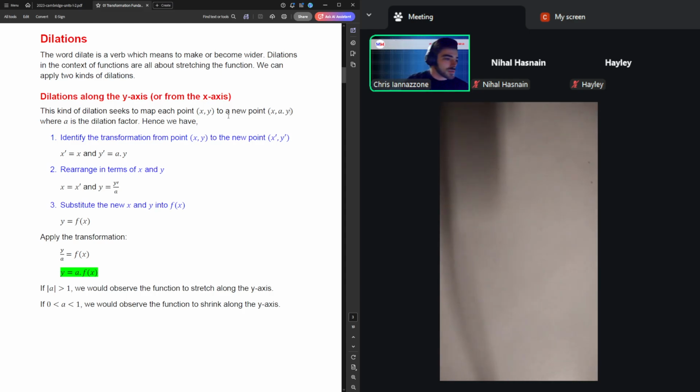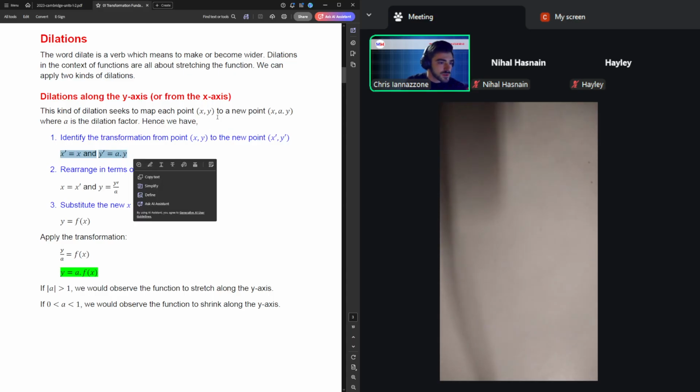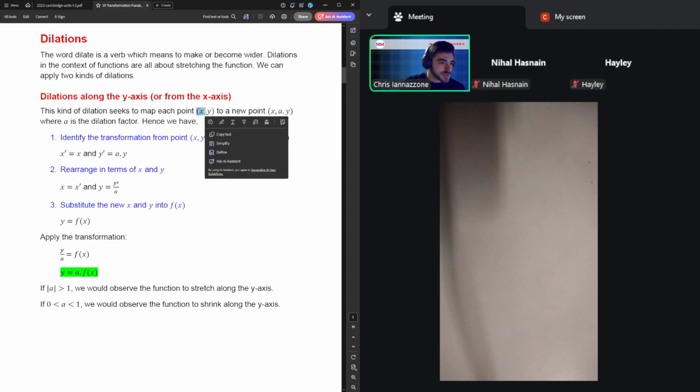Now, how do we actually do that? First things first, we're going to convert our point form notation into a couple of equations that describe what's going from x to x and what's going from y to y. So basically, the left-hand coordinate of this one is now going to be equal to the left-hand coordinate of this one. Wherever you're starting is going to get x.